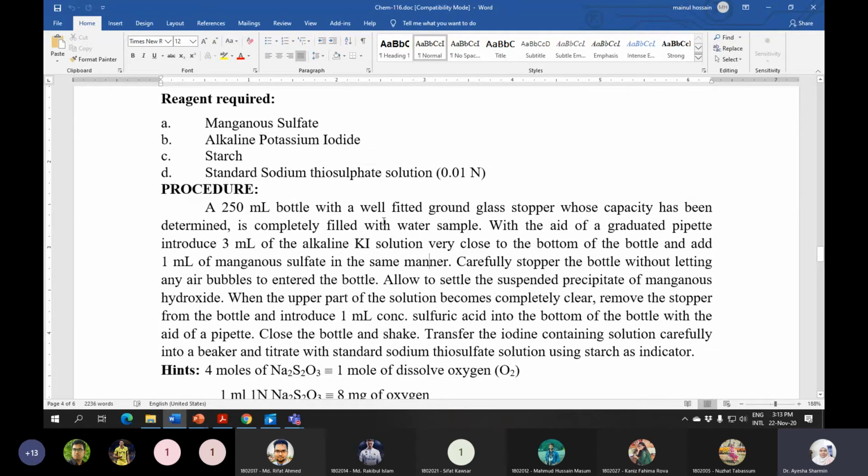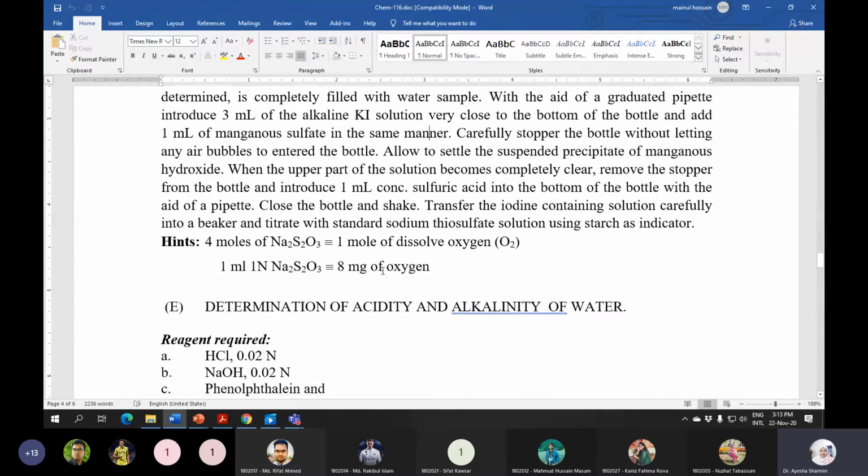Previously, we actually prevented that side reaction from happening when we used a similar method for other things, like when you find out the copper content or nickel or iron content by iodometry, we avoided this side reaction. But now we will let the side reaction become the main reaction in this procedure. We'll talk about that later.